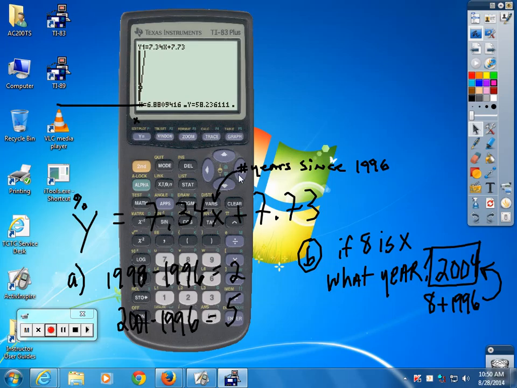There's the trace right there. And Y is equal to 13. What is ours? 1996. 13. They want to know 2005. What is 2005? It's 9, so I need to find x is equal to 9.